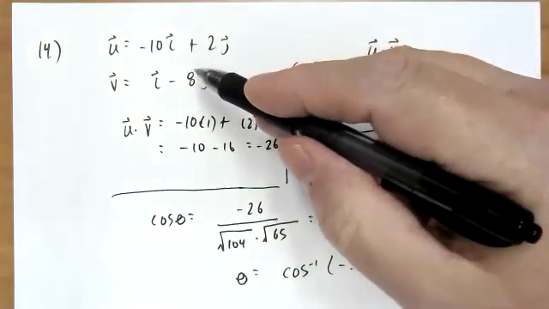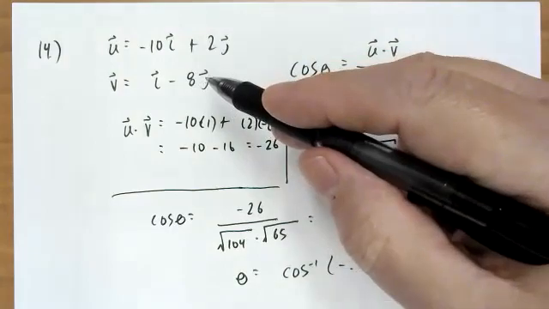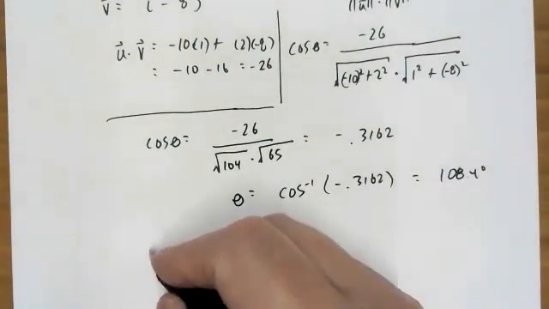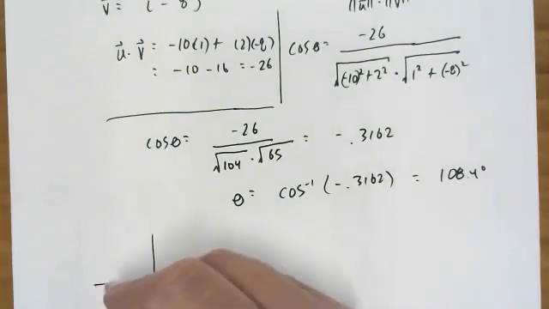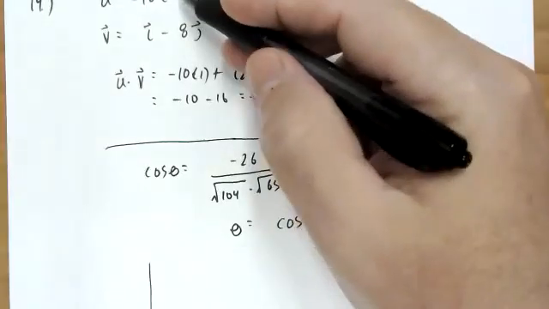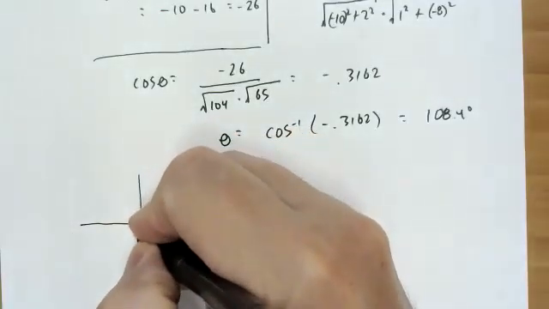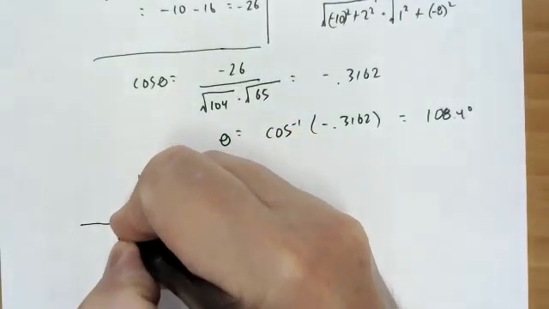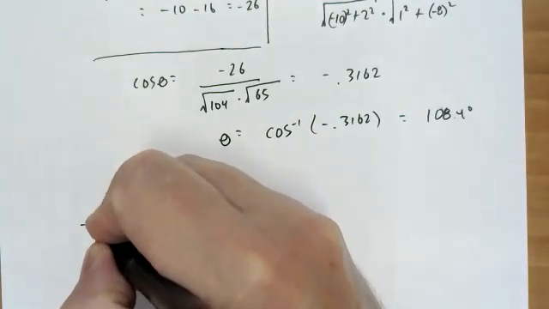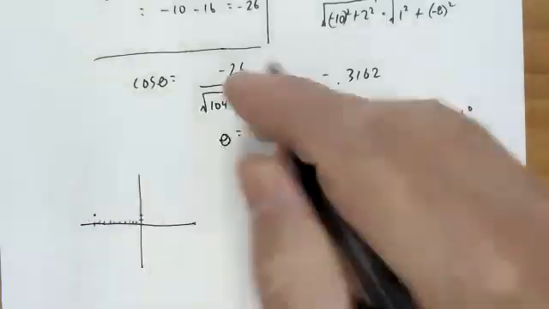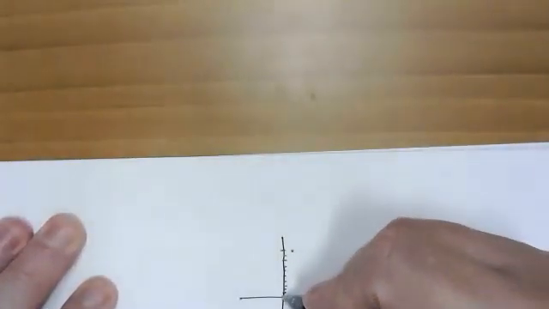No, actually, what I could have done at the beginning was sketch these vectors, and we'll see if this answer looks reasonable. So negative 10i plus 2j, 1, 2, 3, 4, 5, 6, 7, 8, 9, 10, 1, 2. There's vector u.